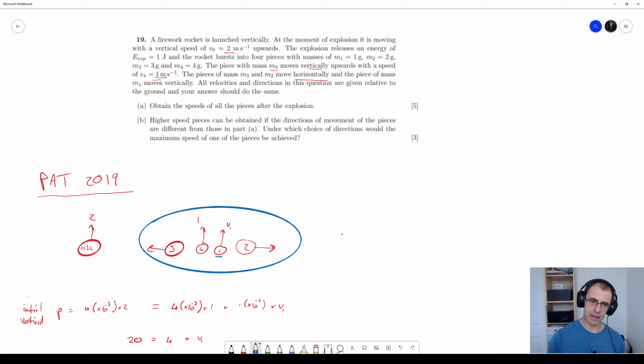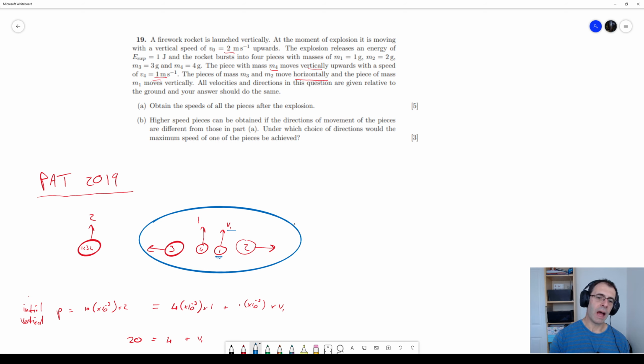Because if I have, from this initial setup, 3 of them go in one direction and 1 of them go in the opposite direction, the one that goes in the opposite direction has a much lower mass than the combination of the others, so it will be traveling faster than them. If that one that goes in the opposite direction is the one with the smallest mass, then it will have the highest possible velocity.